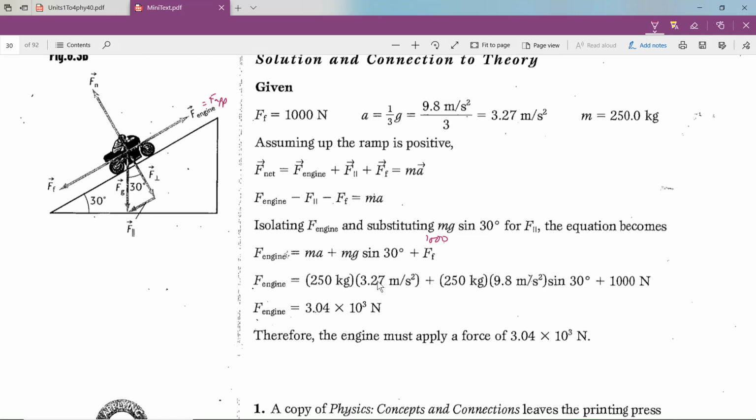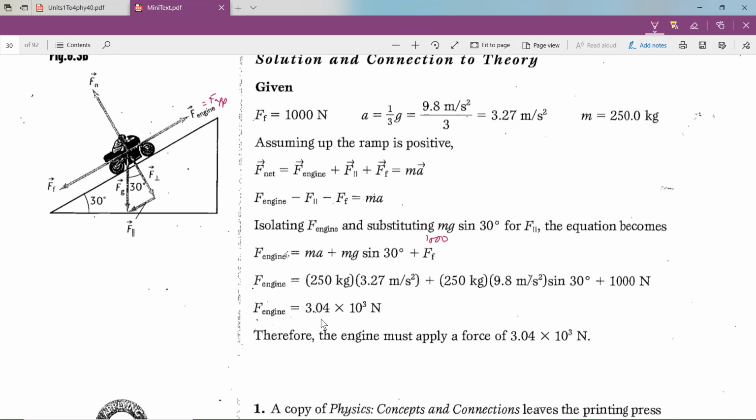Notice we got two accelerations here, right? Acceleration up the ramp, I use lowercase letter a. Acceleration due to gravity, I use g. So 250 times 3.27 plus 250 times 9.8 times sine of 30. And then I do that plus 1,000.